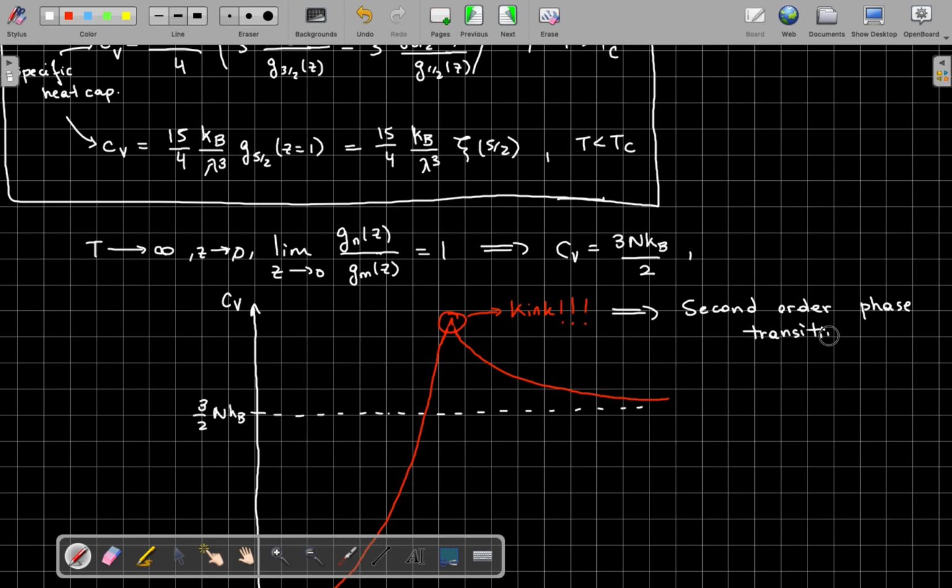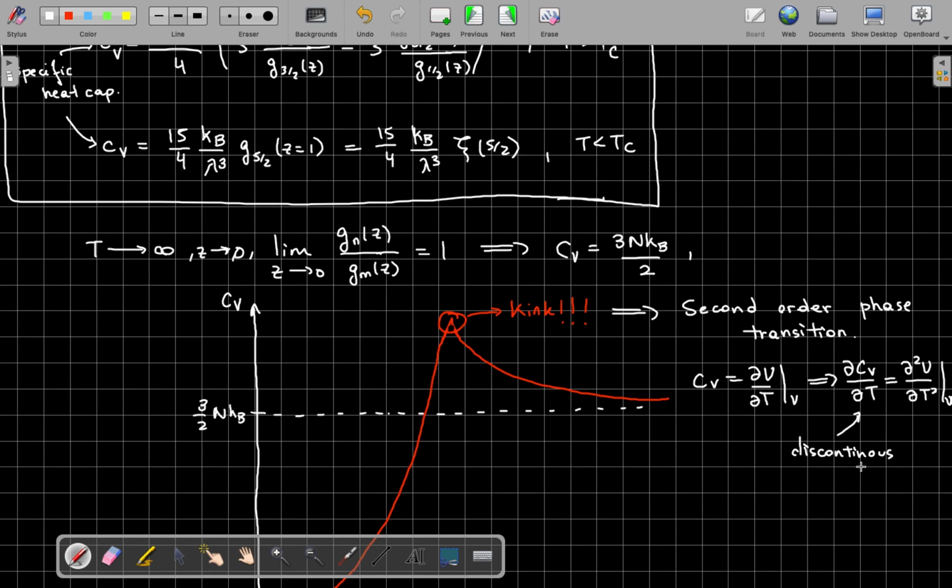Why? Well, because remember, C_V is the first derivative of U with respect to temperature at constant V. So the derivative of C_V with respect to temperature is going to be equal to the second derivative of U with respect to temperature. And this is discontinuous because we have a kink right here.